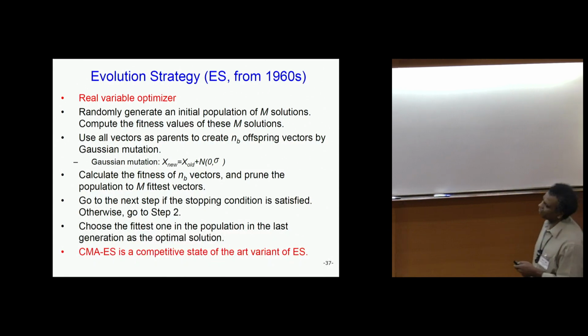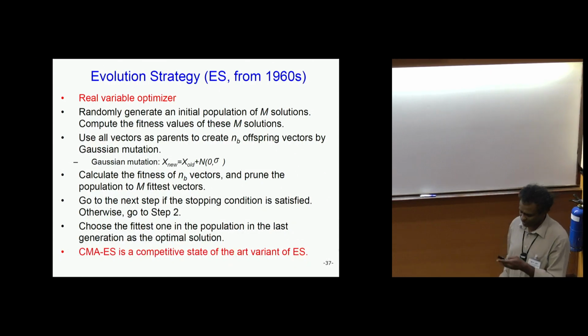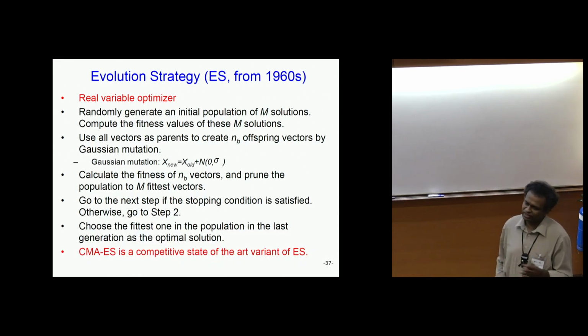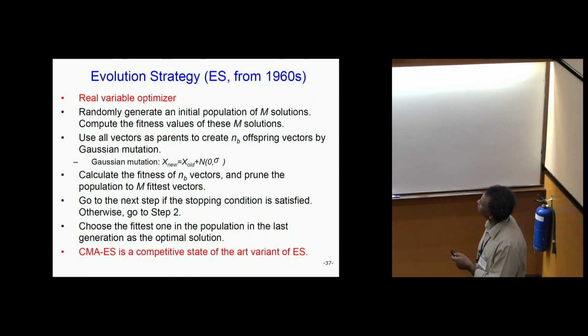Again, you have variations. People have replaced this with other distributions, like the Levy distribution and Cauchy distributions; all these have been considered. People have also looked at how to adapt the standard deviation parameter.